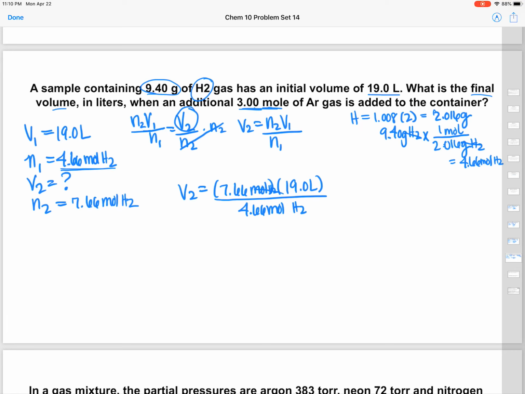These cross out, and you're ending up with liters, which is great because that's what we're solving for. Once you put that into your calculator, the answer you should get is 31.23 liters.